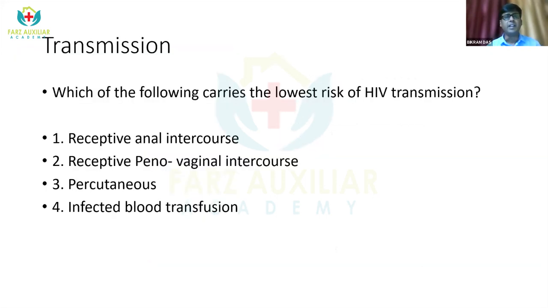So how is it transmitted? Which of the following carries the lowest risk of HIV transmission? Is it receptive anal intercourse, receptive penovaginal intercourse, percutaneous exposure, or infected blood transfusion? Please answer in the chat box.